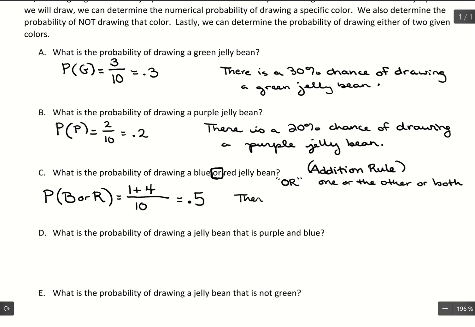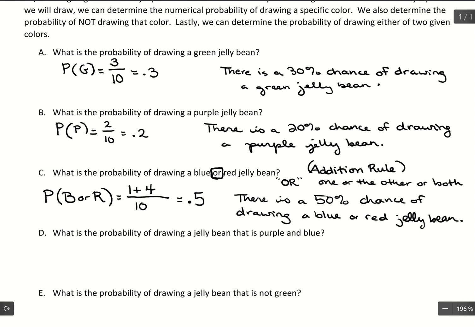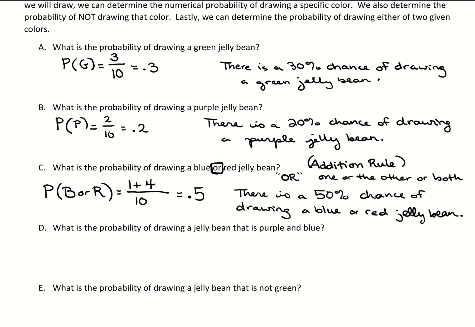So there is a 50% chance of drawing a blue or red jelly bean. So with or, use addition, and we'll talk more about that rule in a future video.